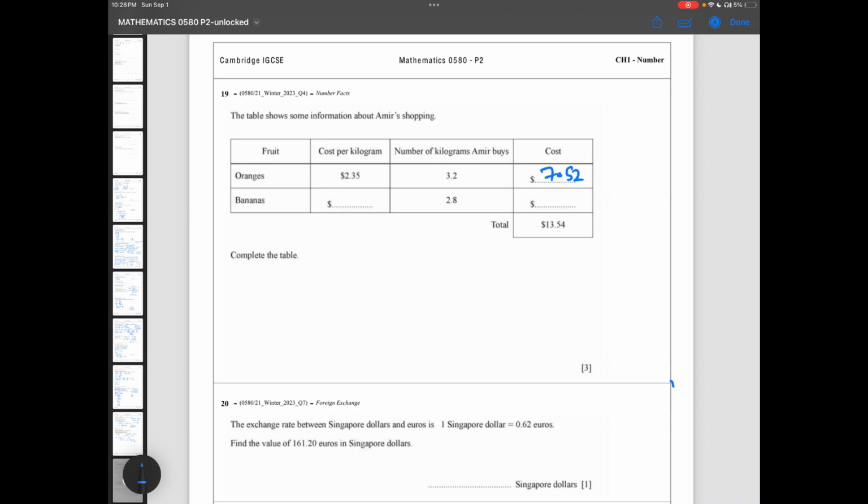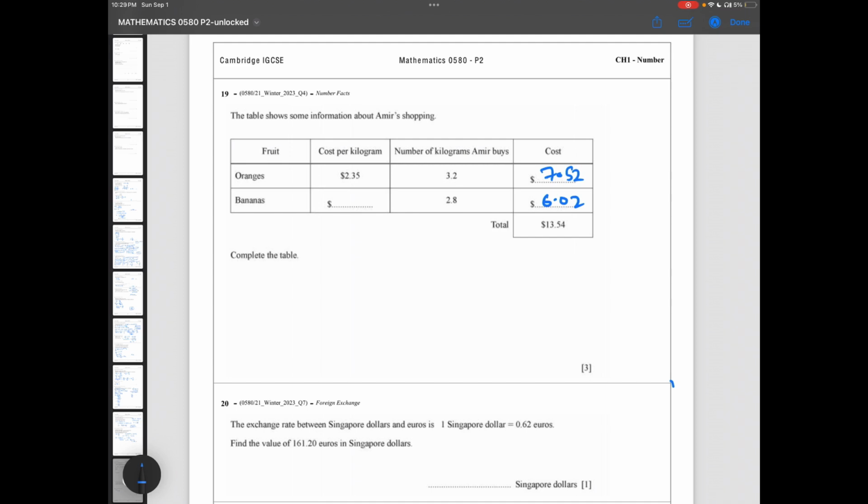So 13.54 minus 7.52 is 6.02. So the total cost of bananas is 6.02, and he bought a total of 2.8 kilograms of bananas.